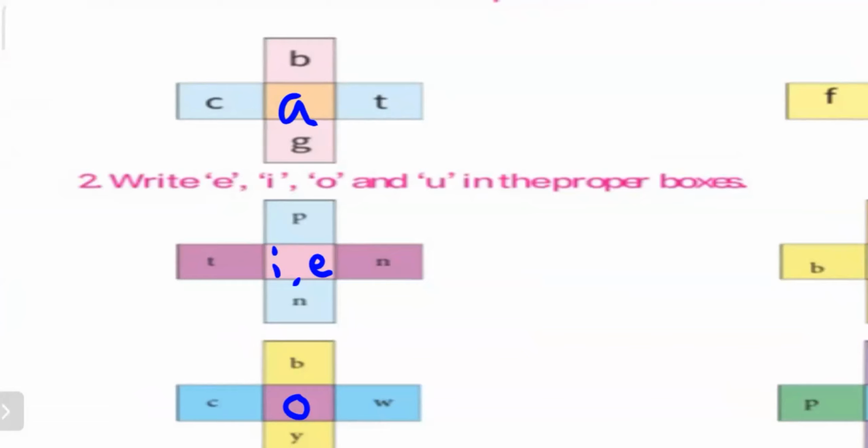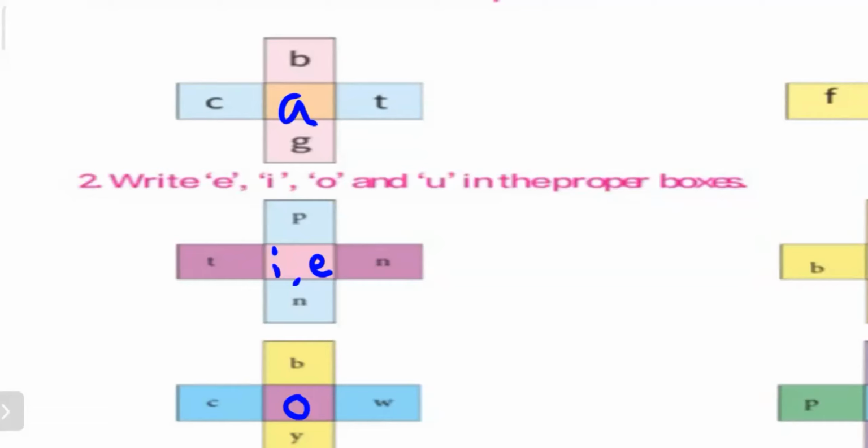In the first box, we can add the vowels I or E also. We can add 2 vowels over there. Okay, so let's see after adding the vowel I, what is the word formed?